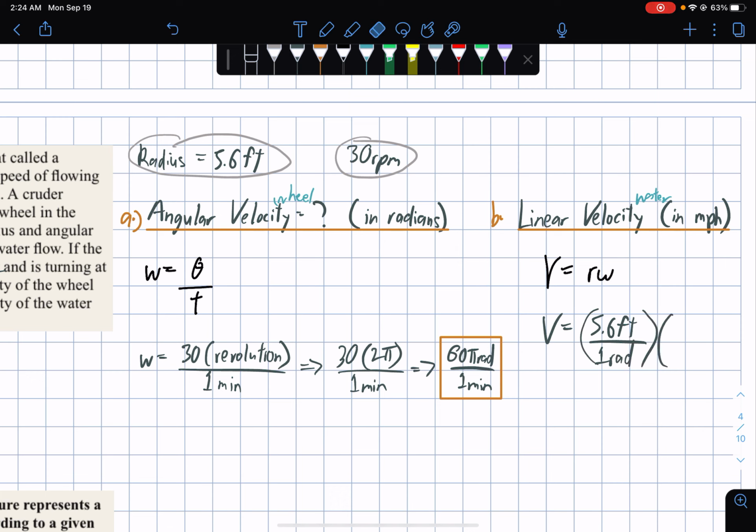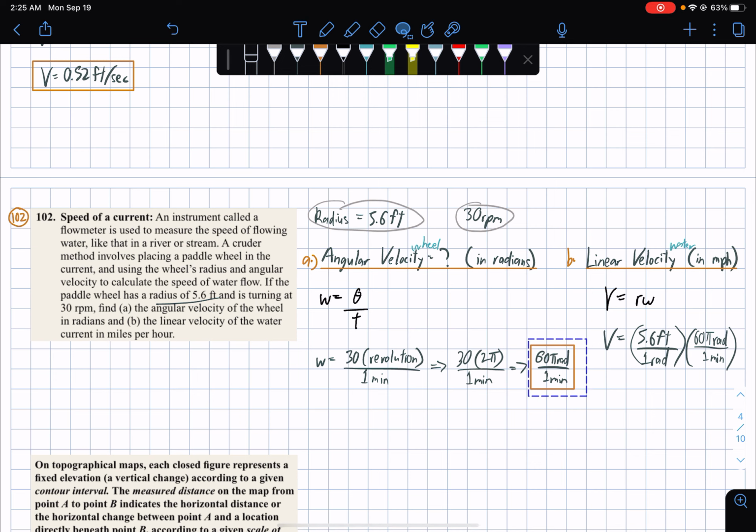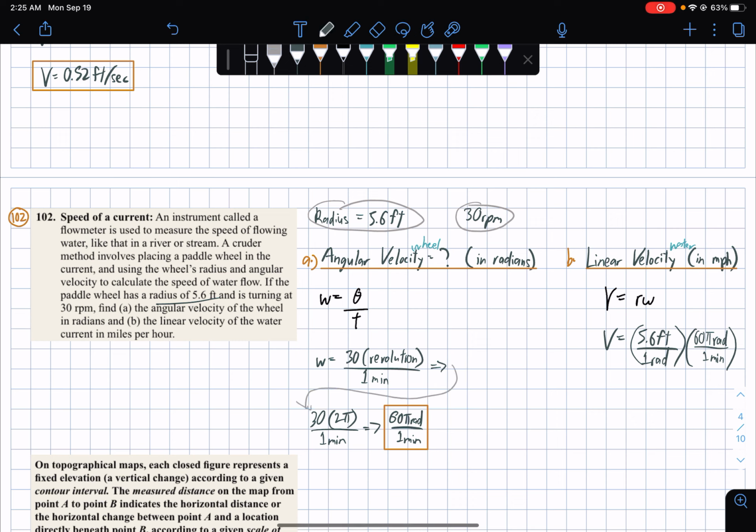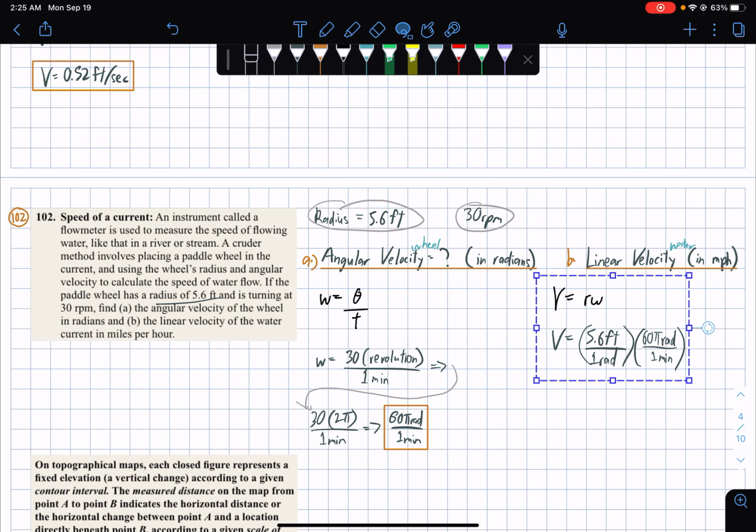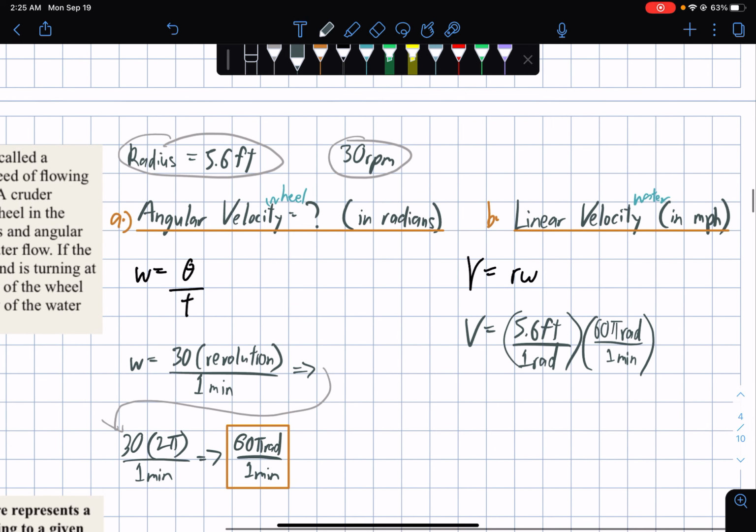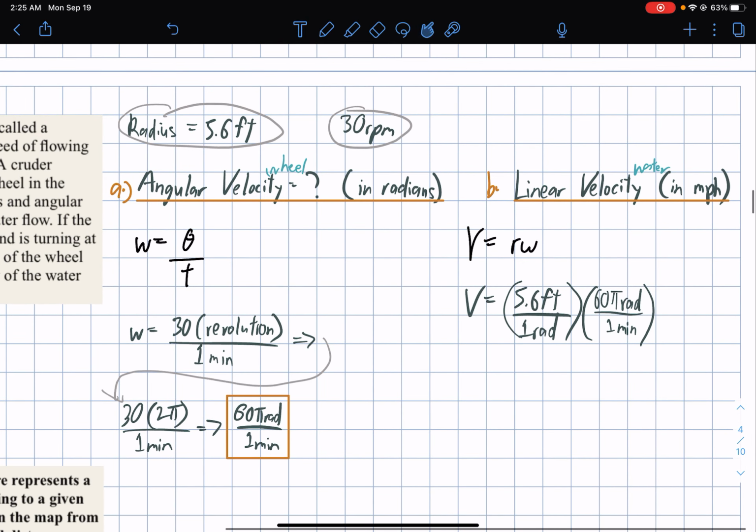I don't think we have much space. Let's bring this down here. We need more space.